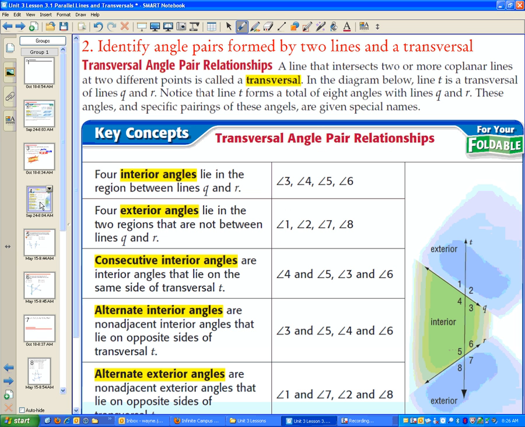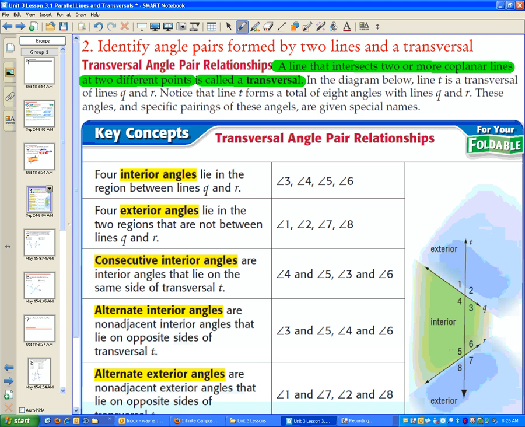All right, back to page 172, so back up just a bit. A line that intersects 2 or more coplanar lines at 2 different points is called a transversal. Any line that intersects 2 or more other lines is called a transversal.